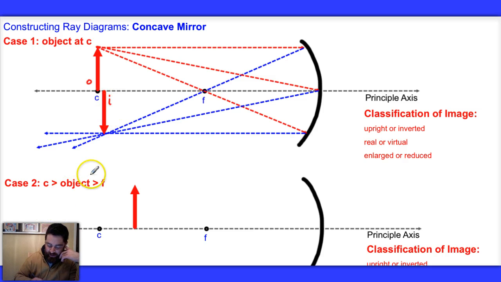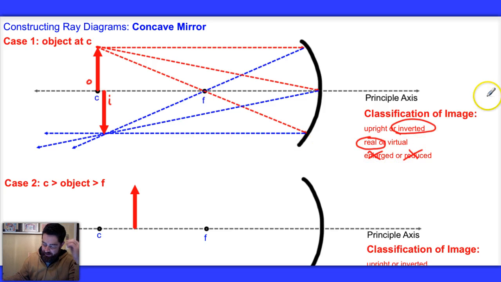However, the image is now inverted. We can see that it's definitely inverted here. We can see that the image is real. Again, the image is real because those light rays actually do pass through that point. If we were to place a screen or a card here, we would get that image projected onto the screen. And it's neither of these. It's the same size as the object.